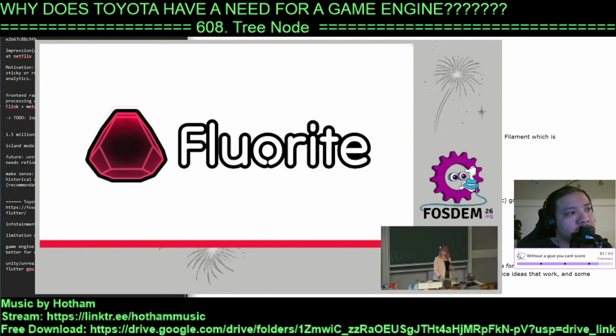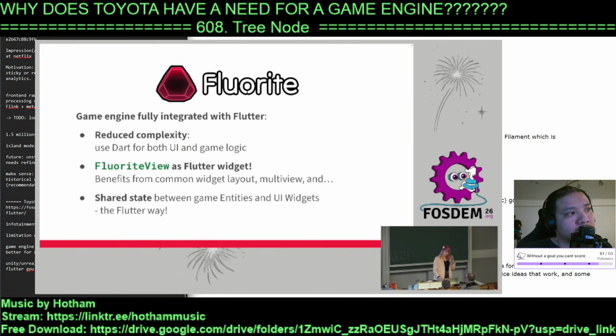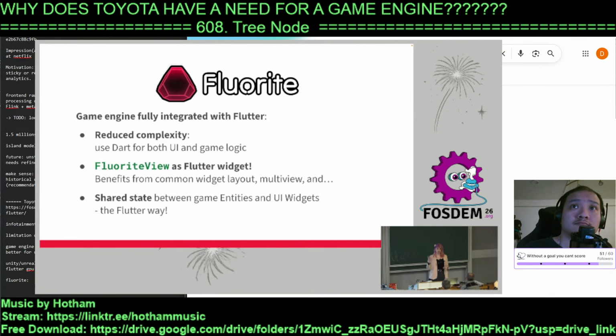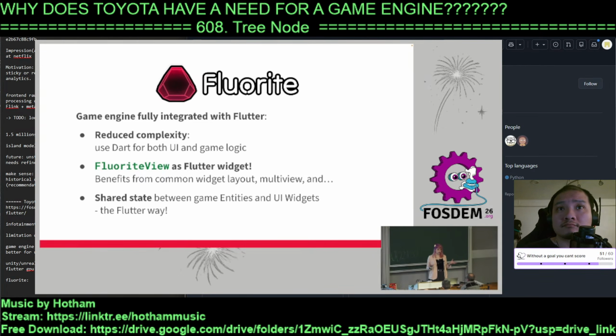We get Fluorite. Fluorite is a game engine fully integrated in Flutter because it is a package that you integrate in your existing Flutter applications, meaning that you can greatly reduce the complexity of merging a game application and a Flutter UI application, since you code both in the same language using Dart as well as any other tooling that comes with Flutter.